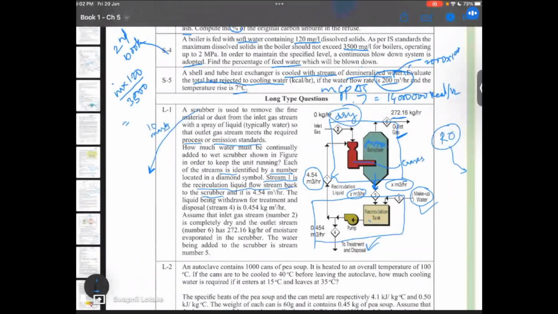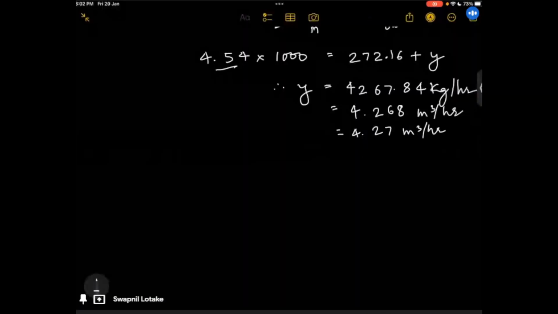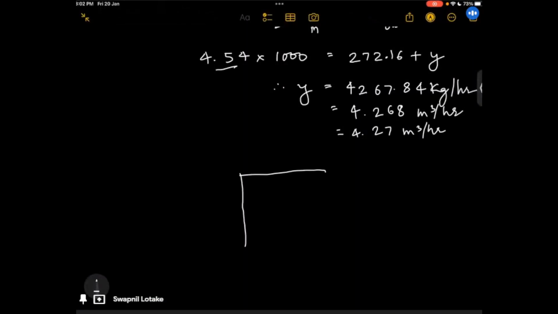Now the second system is the recirculation tank, pump, disposed water, and this. I'll draw this. Here is your system.